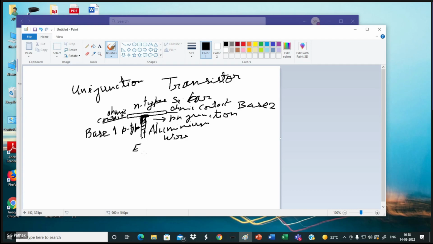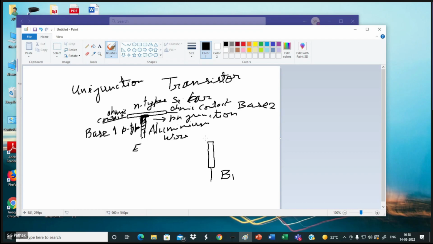So when we make this one for use, we take base B1 towards the common point. Common emitter you have learned there.